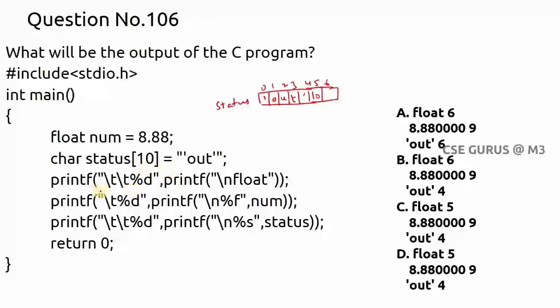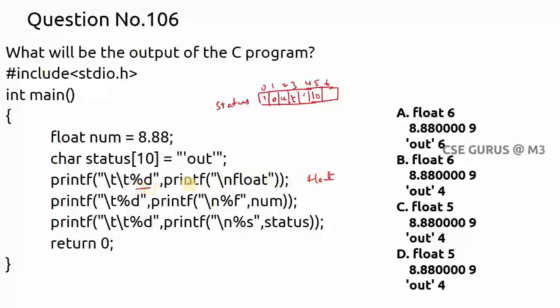Here we are printing printf %d, printf float. So what will be printed first? Anyway this printf statement has to be executed first. So it has to print whatever is there inside it. So it will print what? Float. First it will print float. Now what is the value of this %d?